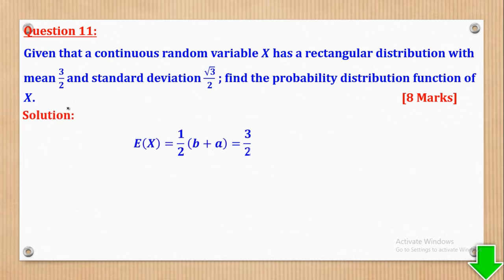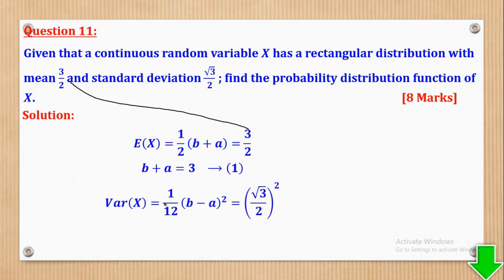So first of all, you know that mean is equal to a half of b plus a, and it was given as 3 over 2, therefore we are going to get an equation having b and a. Then you also know that variance is 1 over 12 of b minus a squared, so we shall equate it to standard deviation squared, because standard deviation is the square root of variance.